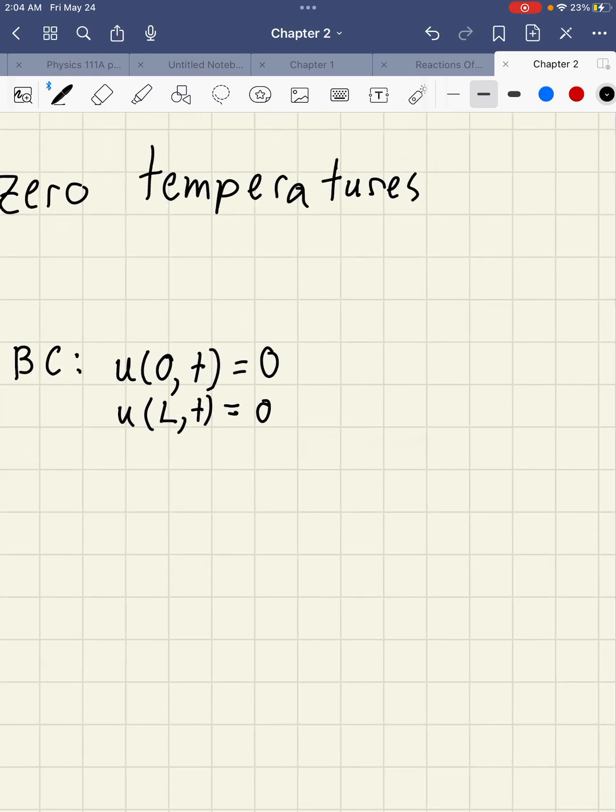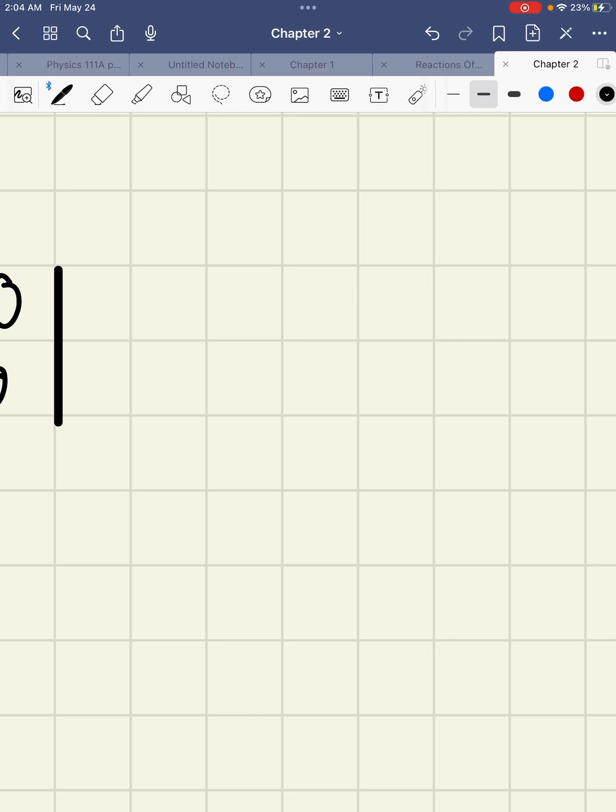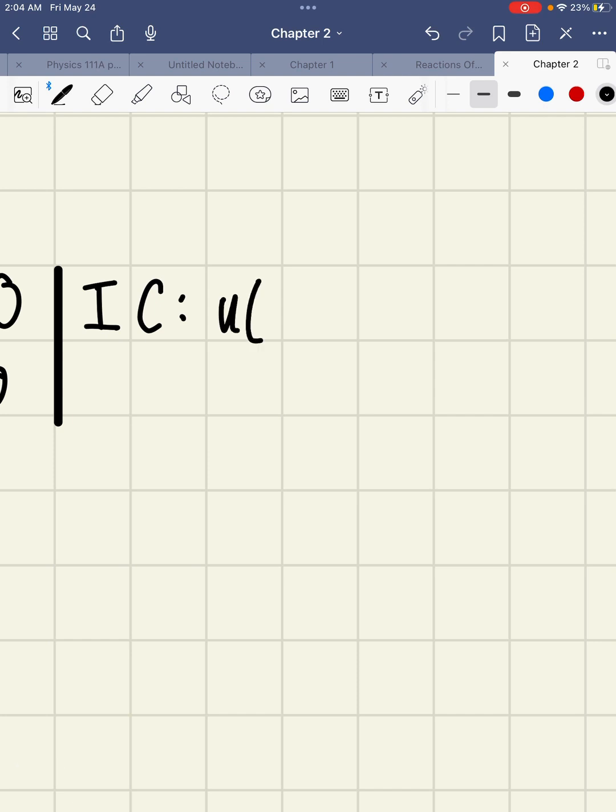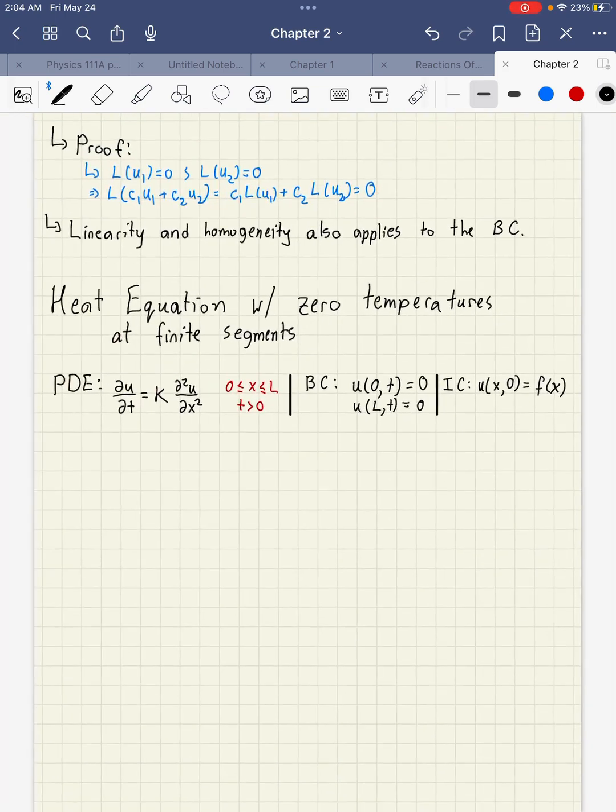And to avoid non-uniqueness, we consider an initial condition by saying that u of x comma 0 is defined as f of x.